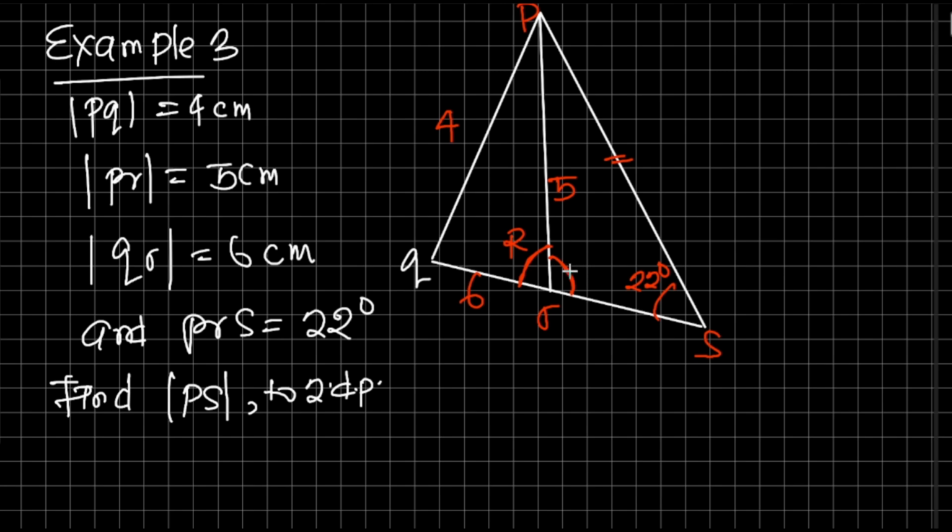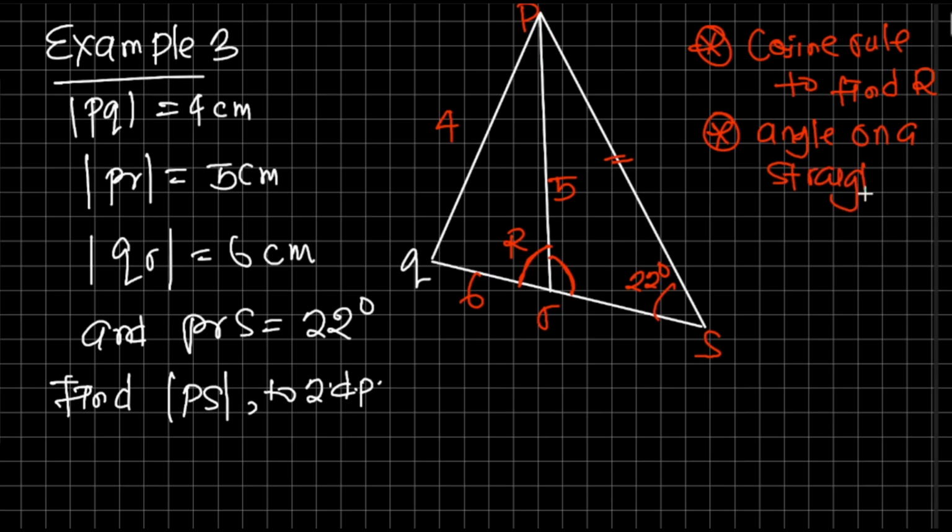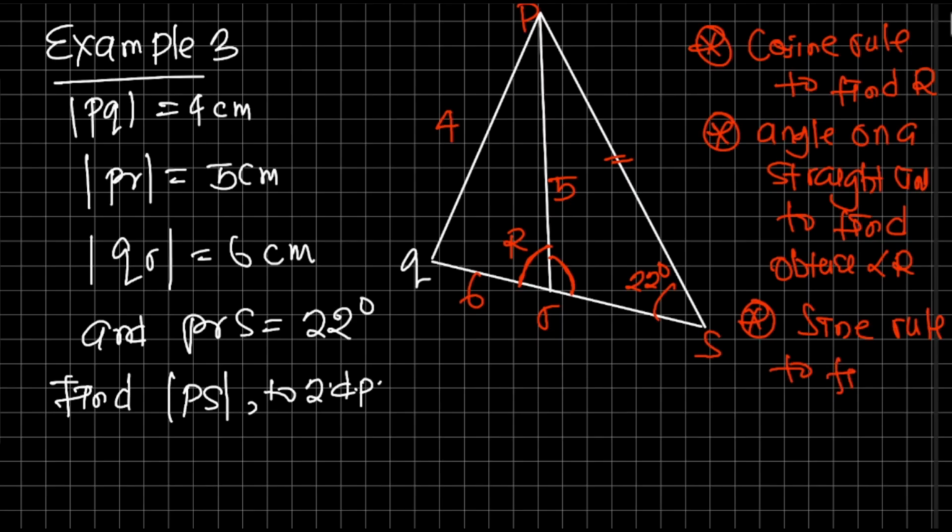So the plan: first, we use the cosine rule to find R, and then we use angles on a straight line to find the other angle here, the obtuse angle R, and then we use the sine rule to find PS.